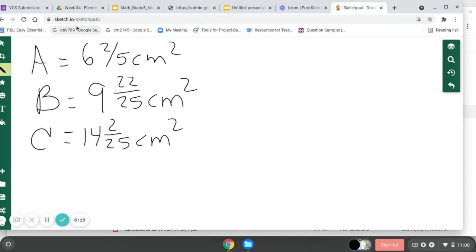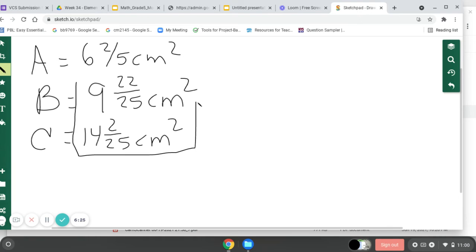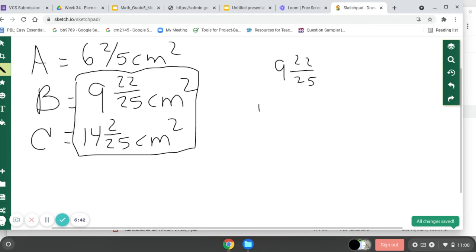So I am going to add first the 2 fractions that have the same denominators because it's always easy to add that, right? So we have 9 22/25 plus 14 and 2/25. So we have similar denominators, so all we have to do is add our numerators.